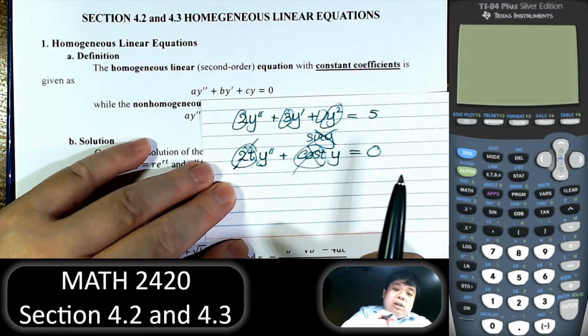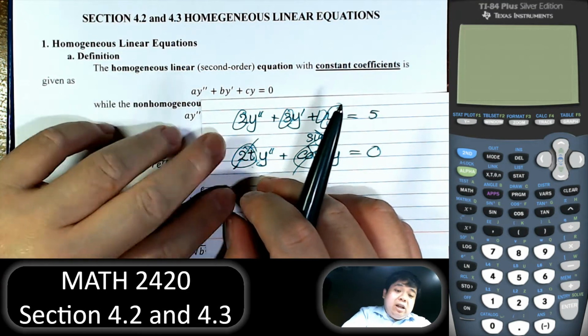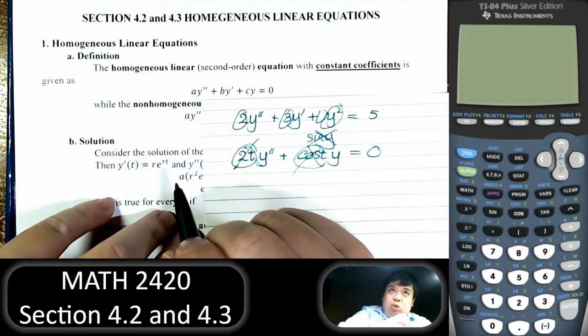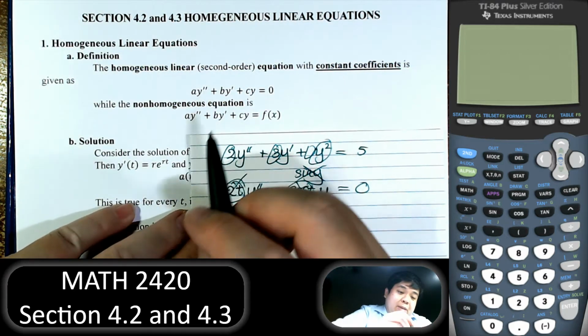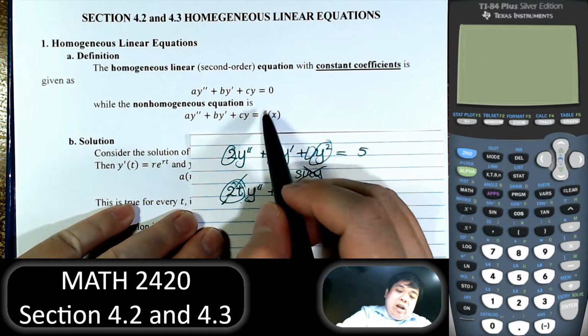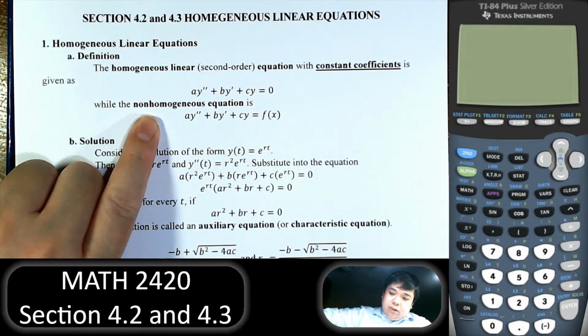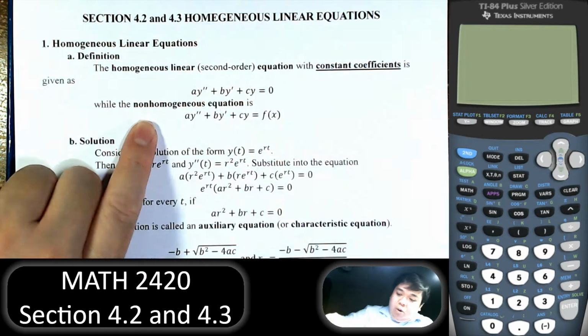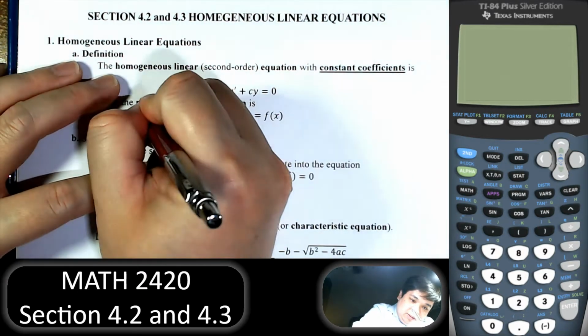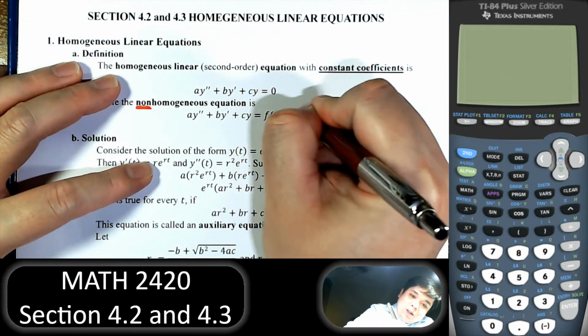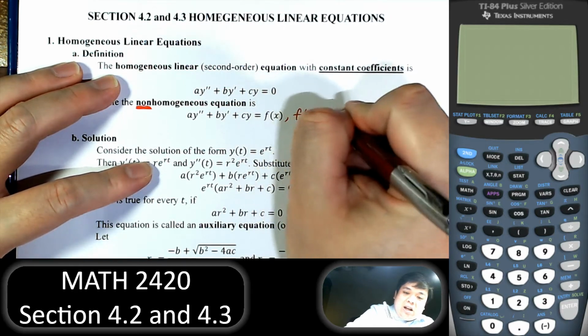And finally, homogeneous means that the right hand side is equal to 0. If it is non-homogeneous, then the right hand side is not equal to 0. A non-homogeneous equation is one where there's a function on the right hand side that is not equal to 0.